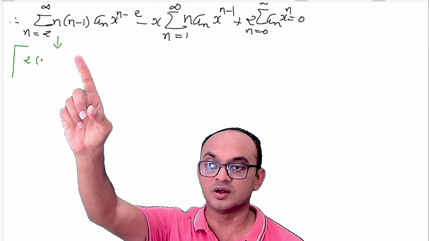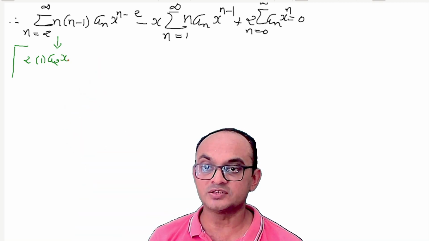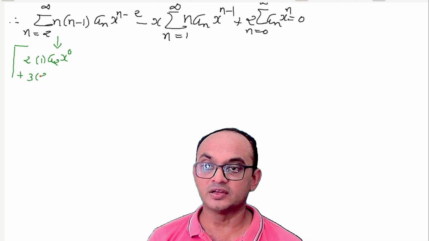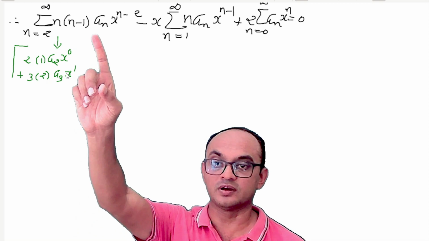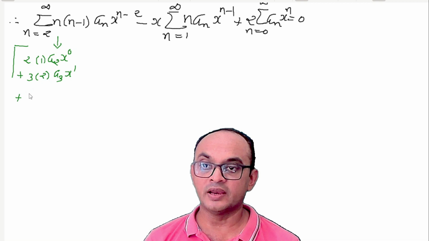So 2 minus 1 is 1, n equal to 2, so this is a2 into x raised to 0 plus when n is equal to 3, so then this is 3, 3 minus 1 is 2, a3 into x raised to 3 minus 2 is x raised to 1. Clear? I am talking about only this summation. Plus when n is equal to 4, 4 into 3 a4 x square plus 5 into 4 a5 x cube and so on.